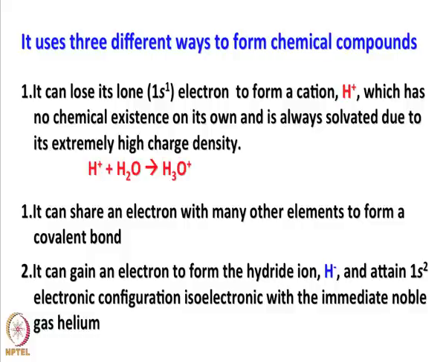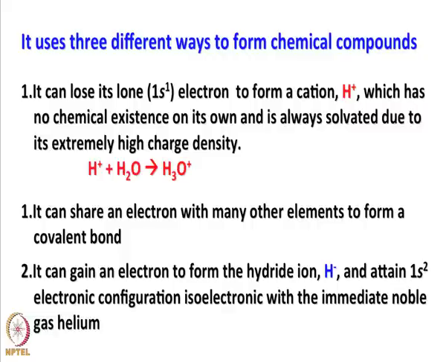And of course, it uses three different ways to form chemical bonds. When we want to react with hydrogen, there are three ways one can react it with various elements to form corresponding chemical compounds. One is, since it has one electron that can be readily lost through ionization to generate an H plus ion, which has no chemical existence on its own and is always solvated due to its extremely high charge density.